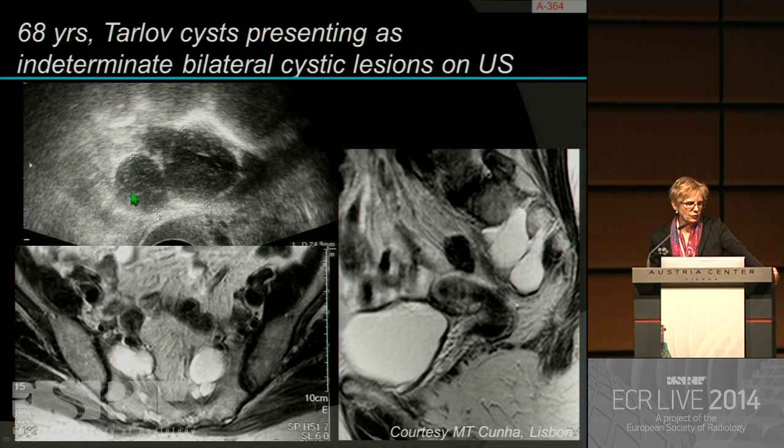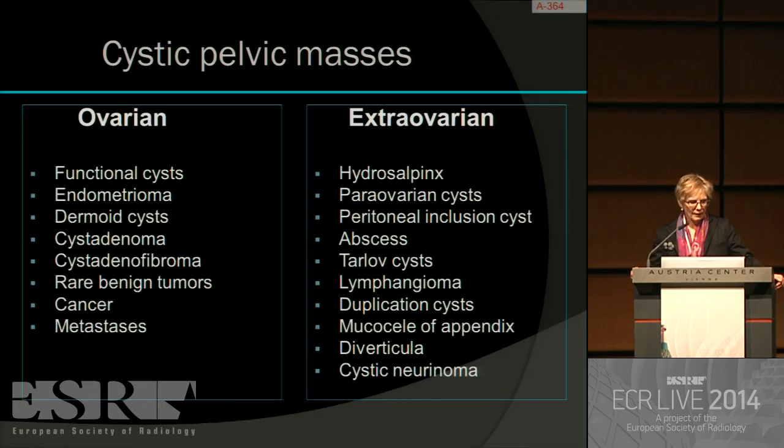She has an indeterminate complex adnexal mass on sonography, and MRI and CT clearly show that these lesions are of extraperitoneal origin and that they are originating from the spinal canal. That's just a typical incidental finding.